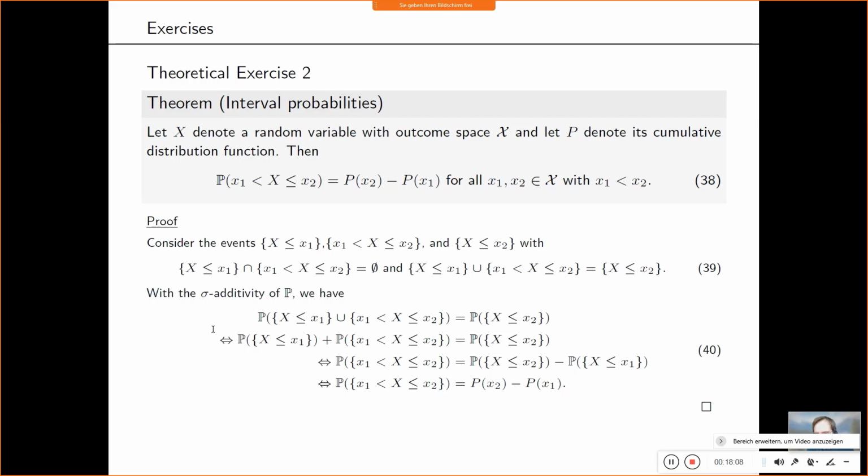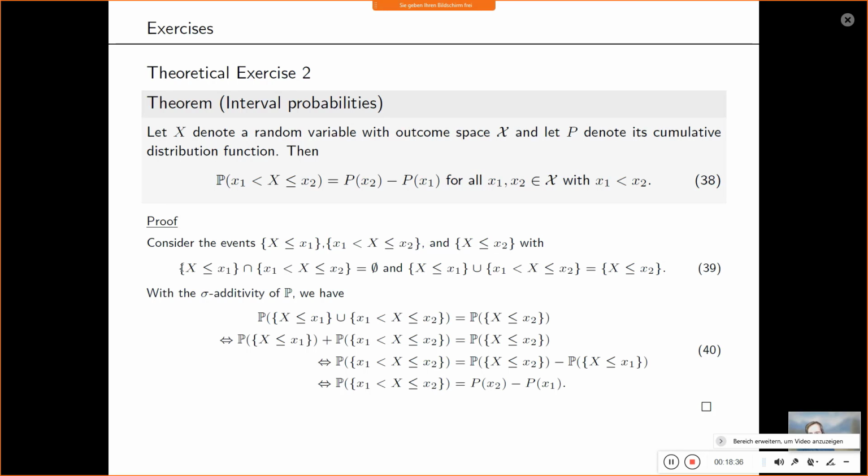Here again, we base this on considering three events. First, the event that x is smaller or equal to x1, then the event of interest here, namely that x is larger than x1 and equal or smaller than x2, and another event that x is smaller or equal to x2.